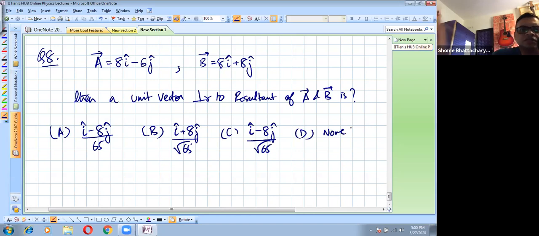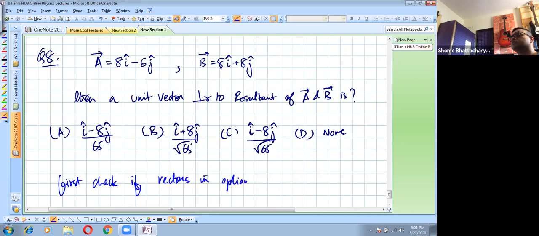So the first thing is, since they are talking about a unit vector, what we should do here is first check if the vectors in options A to C are unit vectors. And from that you will see that this is not a unit vector, whereas these two are unit vectors.